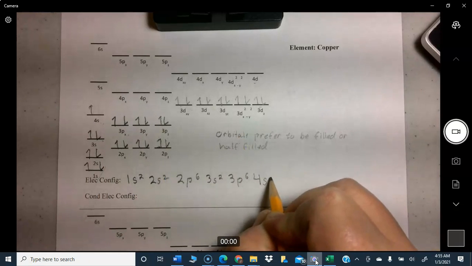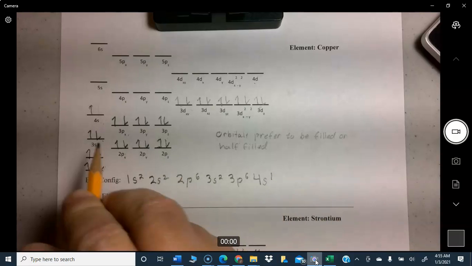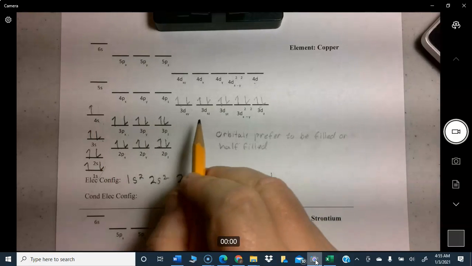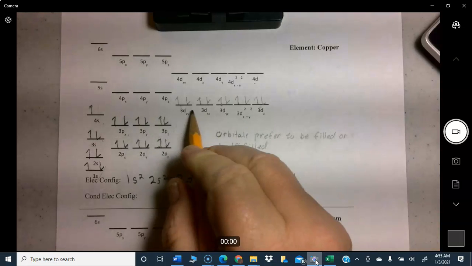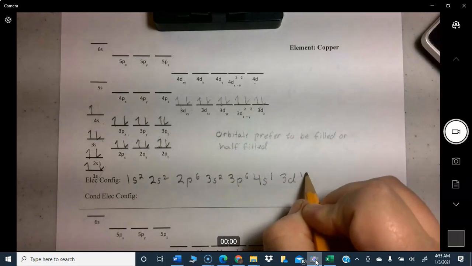So you just took that electron away, so now it's just 1 electron there. And then 3d, you go backwards, and it has all 10 electrons there.